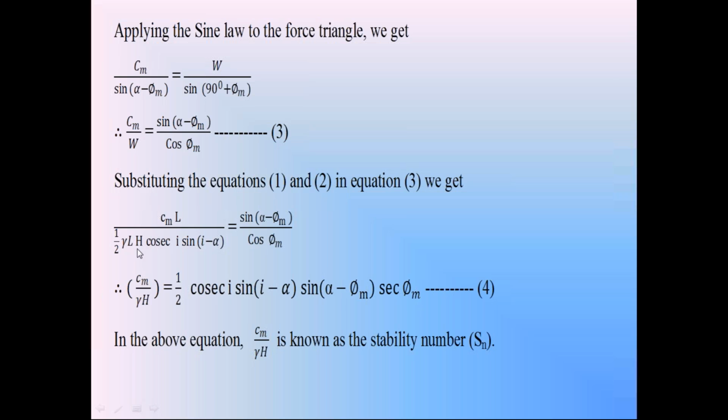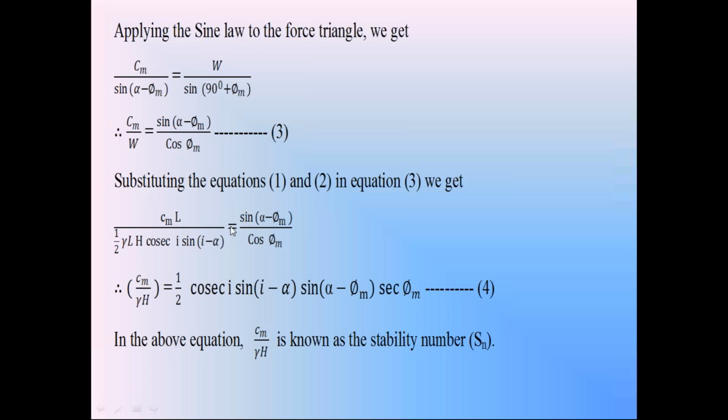So keep this cm by gamma h on the left side and bring the remaining terms to the right side. The right side now becomes half into cosecant i into sine i minus alpha into sine alpha minus phi m into 1 by cos phi m, which is secant phi m. Equation 4.